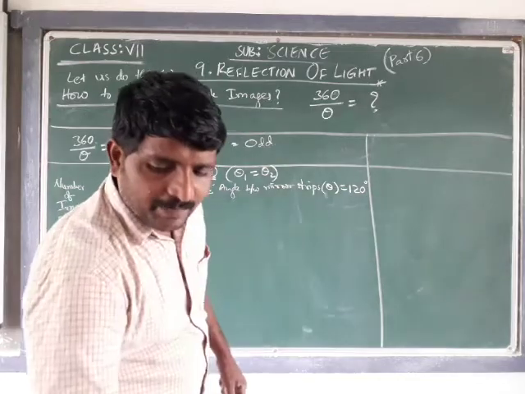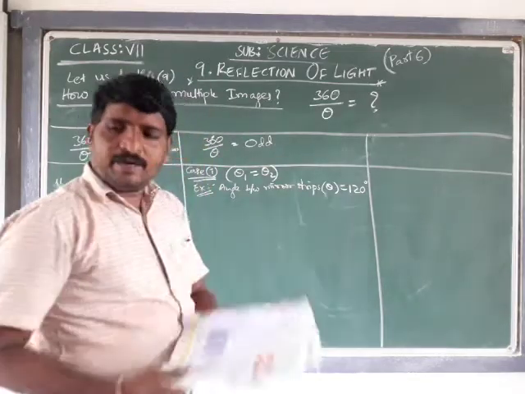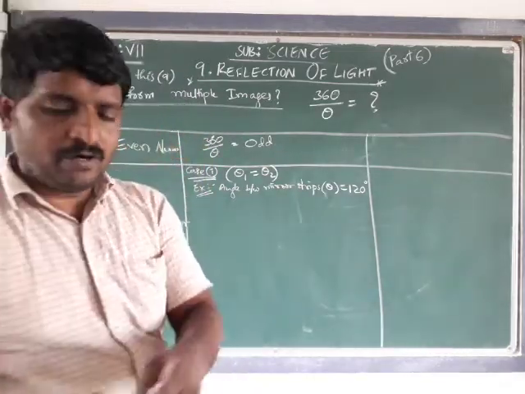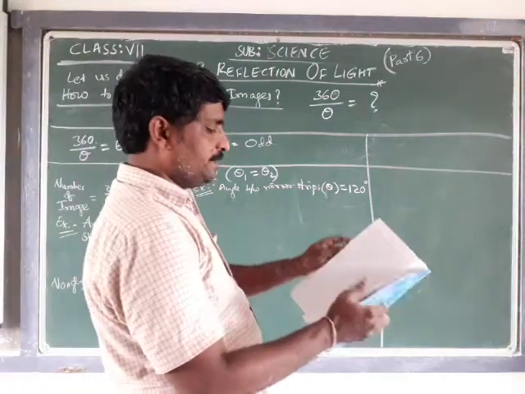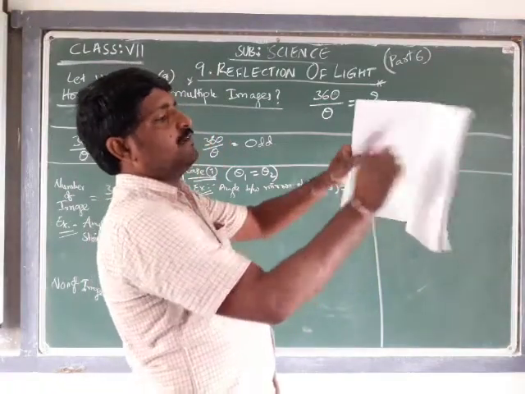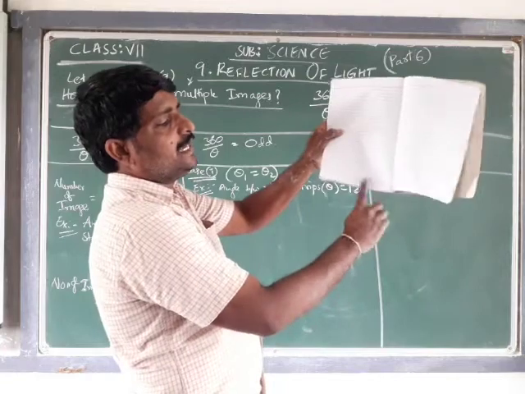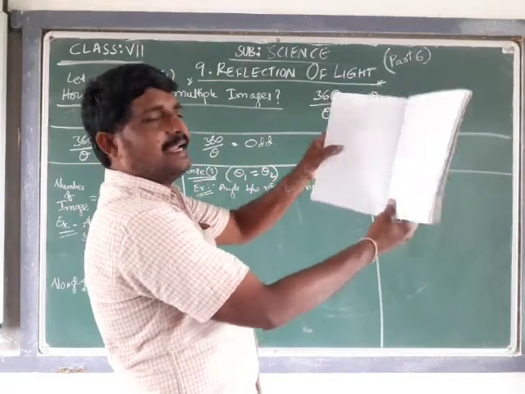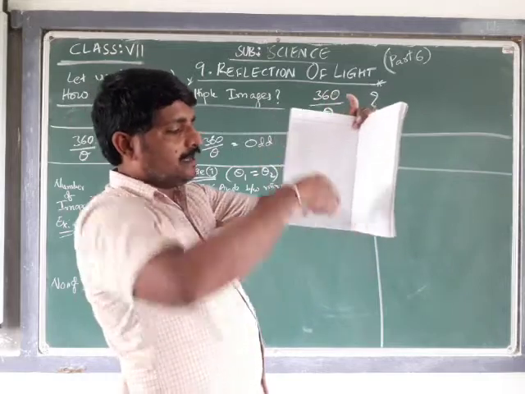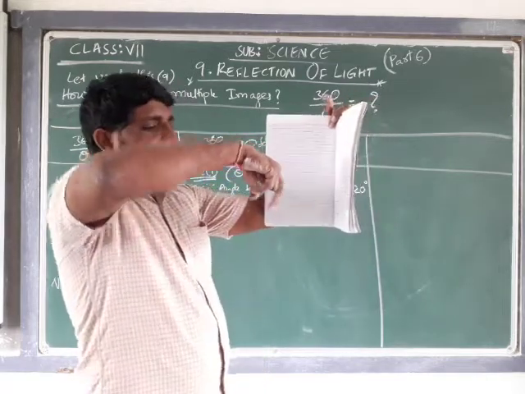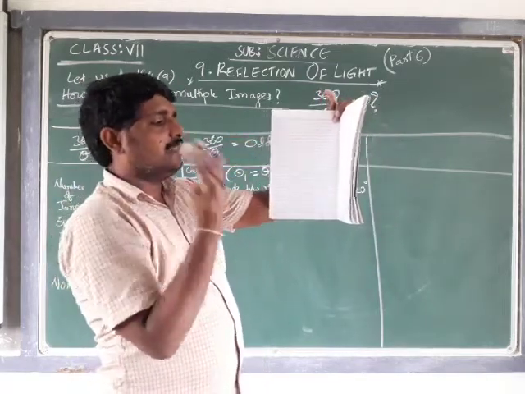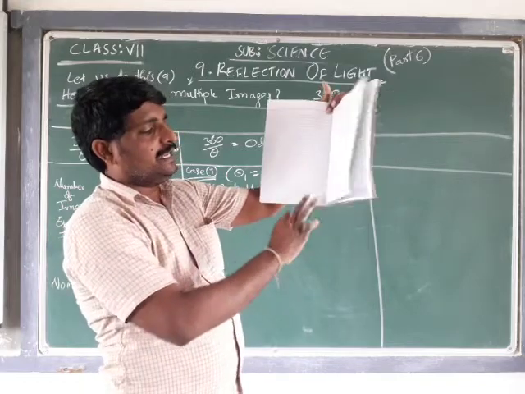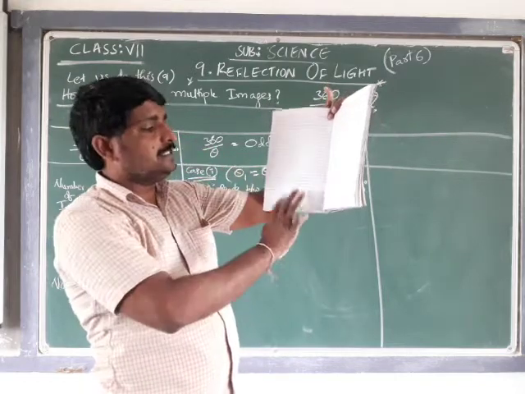This is one mirror strip and this is the other mirror strip. The angle between these two is equal to 120 degrees. Where is the object placed? Suppose here I am keeping a candle. The candle is dividing the 120 degrees into two equal parts.